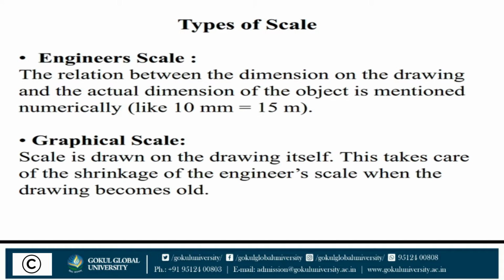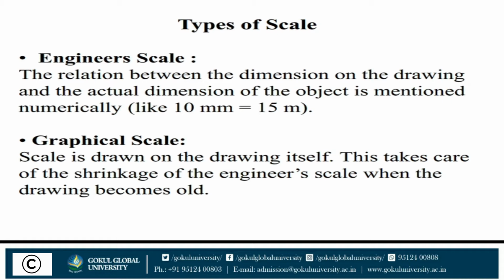Types of scale: generally two types, engineering scale and graphical scale. Now, in the engineering scale, the relation between the dimension of the drawing and the actual dimension of the object is mentioned numerically, like 10 mm is equal to 15 mm.